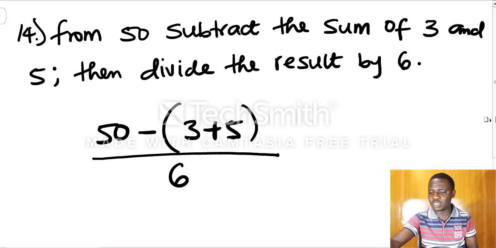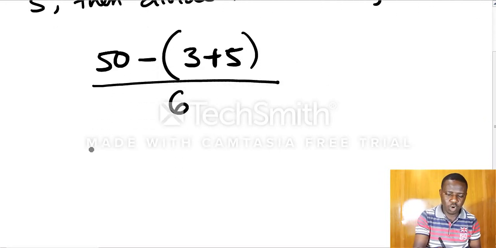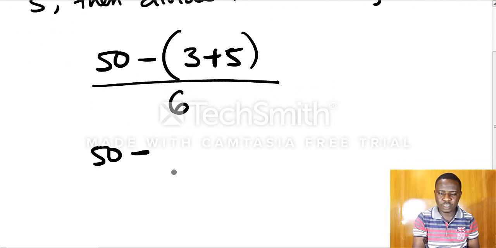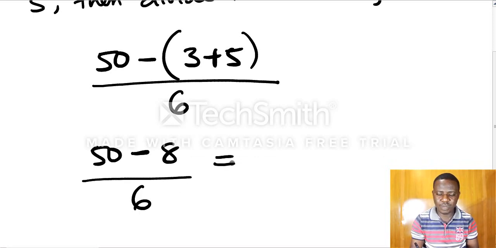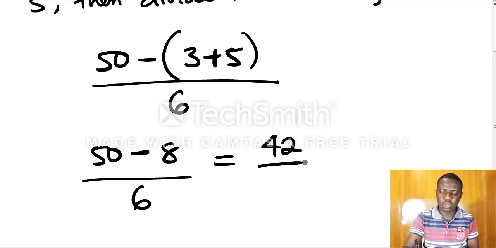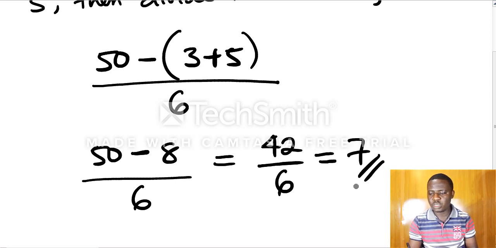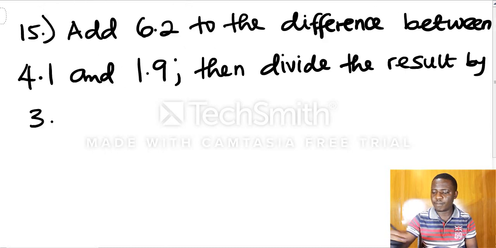So this is how it is expressed, and this becomes 50 minus 3 plus 5, which is 8, divided by 6. This is equal to 50 minus 8, which is 42, and 42 divided by 6 is 7. So 7 is our answer.